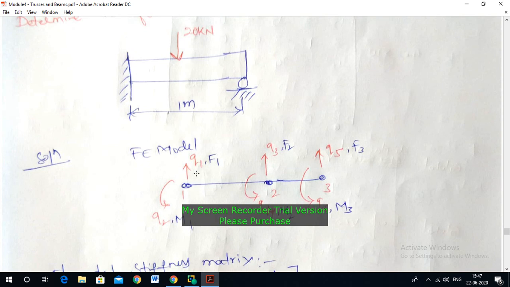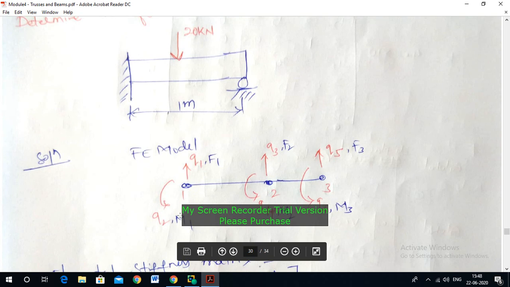Each node has 2 degrees of freedom. Q1 and Q2 are the displacements at node 1, F1 is the force acting at node 1, and M1 is the moment applied at node 1. At node 2, Q3 and Q4 are the nodal displacements, F2 is the force acting at node 2, and M2 is the applied moment.